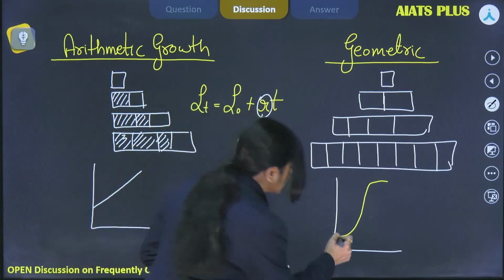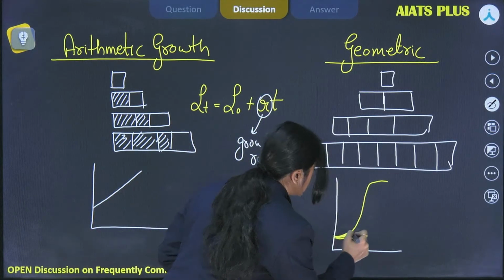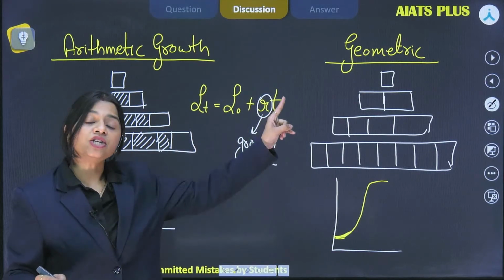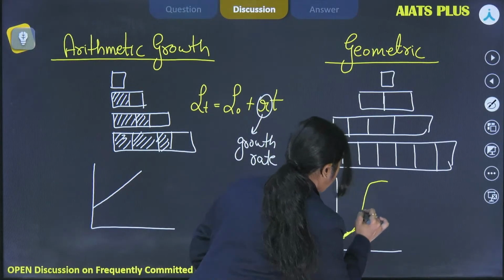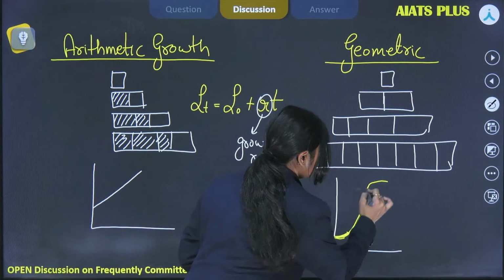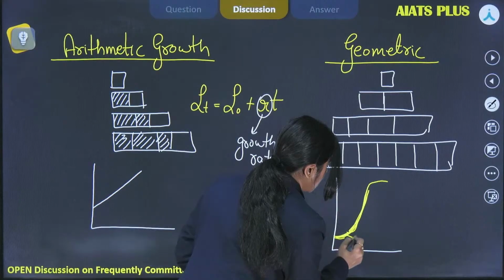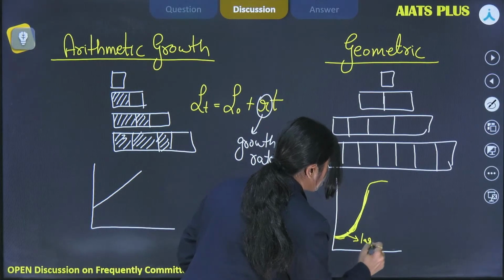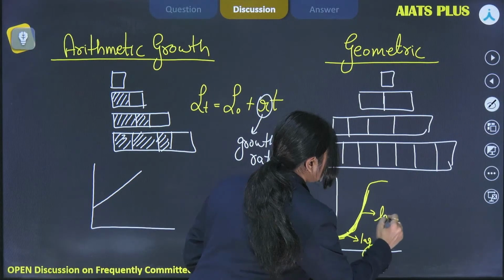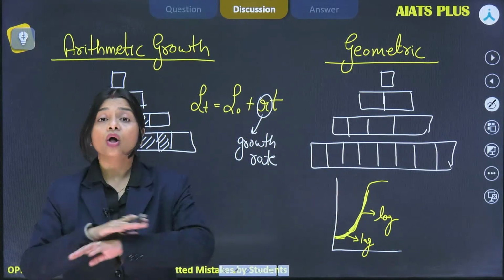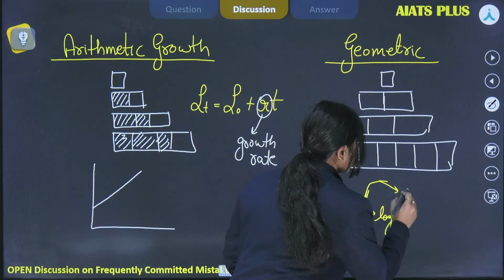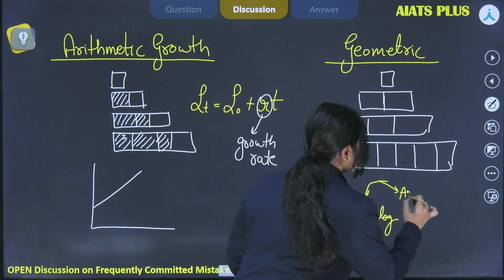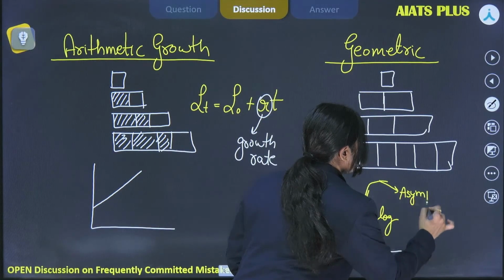So initially there will be the lag phase, then the growth will be exponential, right? 64 to further 128, and this is the lag phase, the slow growth, this is the log phase, the exponential growth, and when all the nutrient medium is consumed, it will lead to the asymptote, right? That means the growth has now stopped.